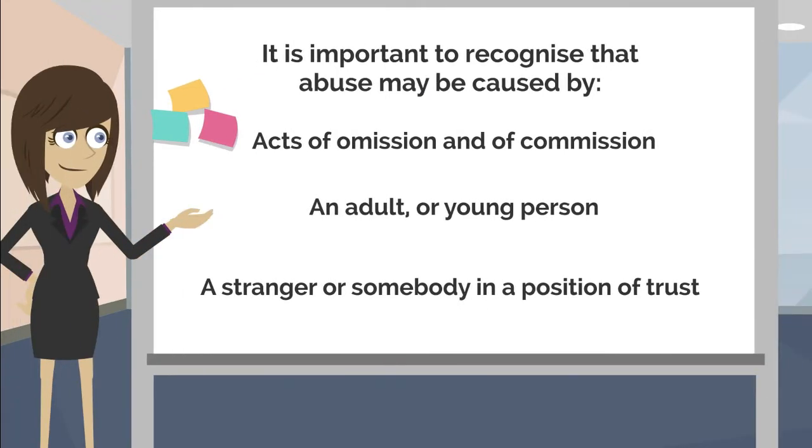It is important to recognise that abuse may be caused by acts of both omission and of commission, an adult or young person, a stranger or somebody in a position of trust.